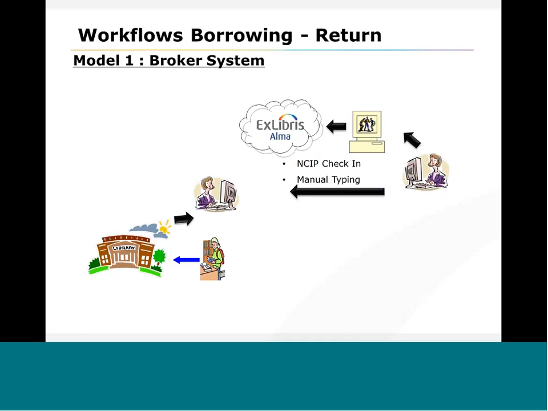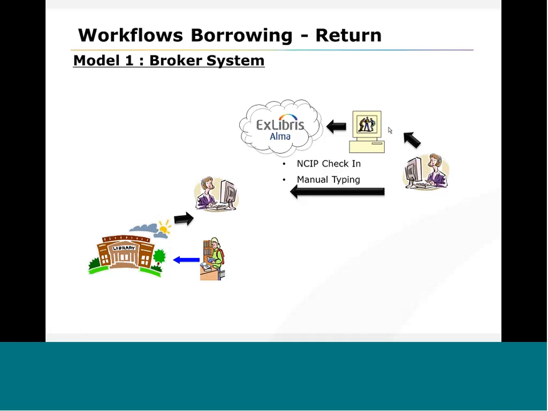So actually what I described to you is the two ways of doing that. One is the manual typing, where an Alma operator notifies Alma that I got the item back. And another is that the resource sharing operator notifies the broker system that I got the item back, and the broker system automatically notifies Alma that I got the item back.